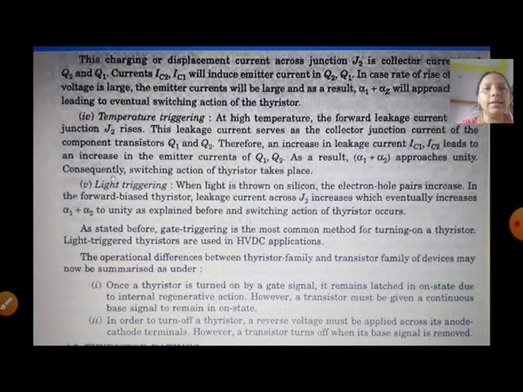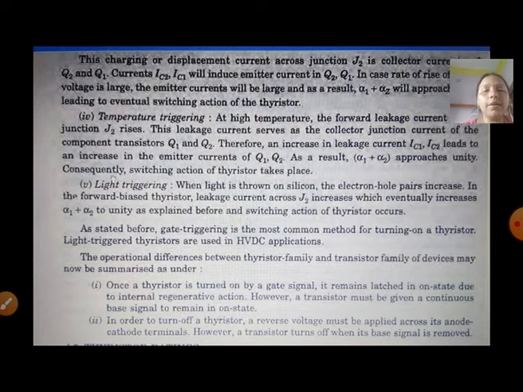Therefore, an increase in leakage current, that is IC1 and IC2, leads to an increase in the emitter current of Q1 and Q2. So the leakage current acts as a collector current for Q1 and Q2, and at high temperature this leakage current increases, that means the collector current value increases in the component transistors.